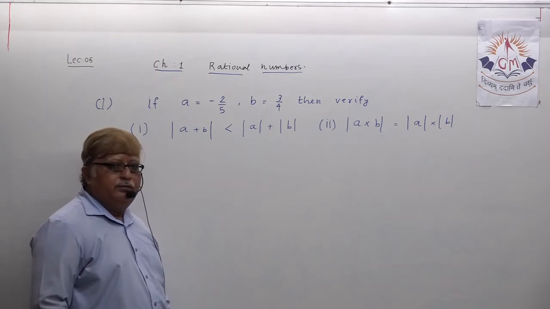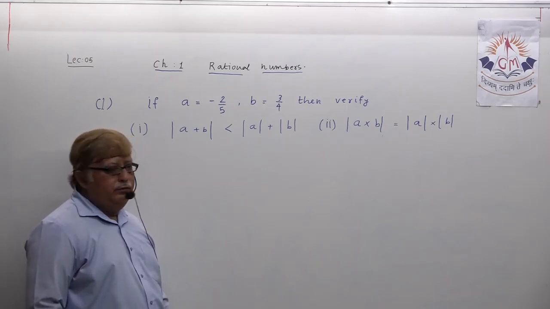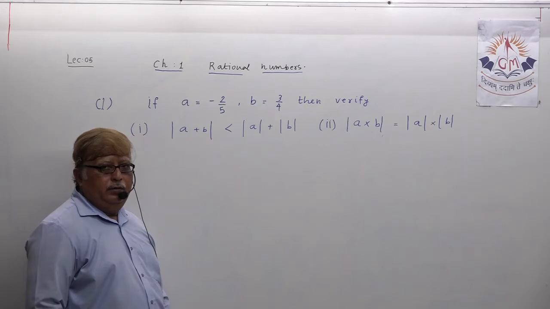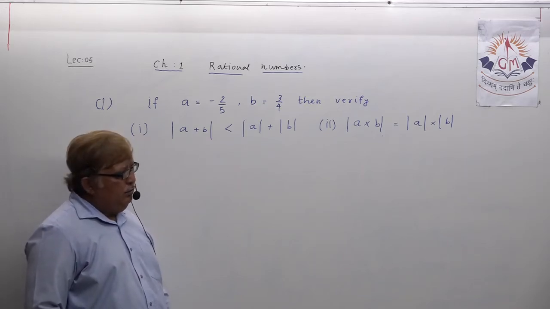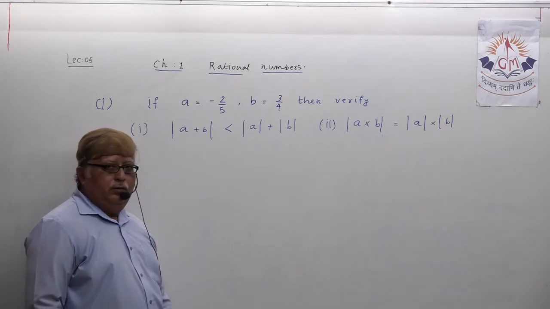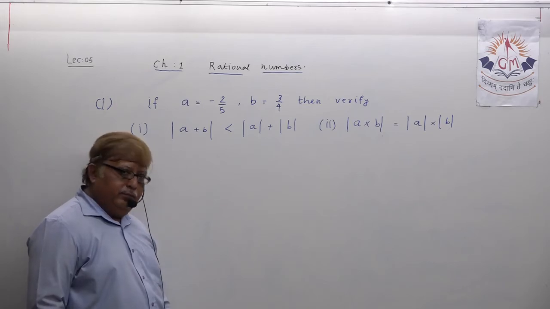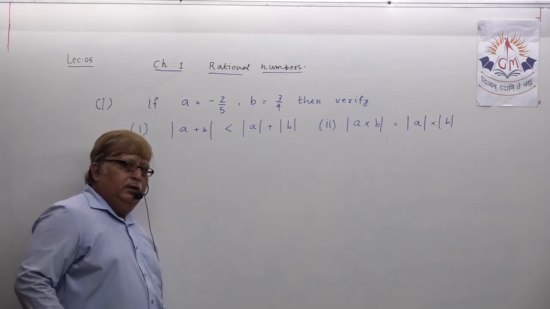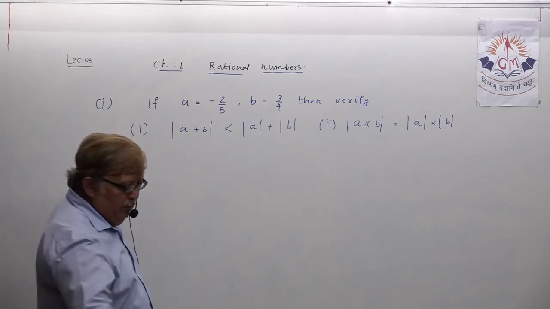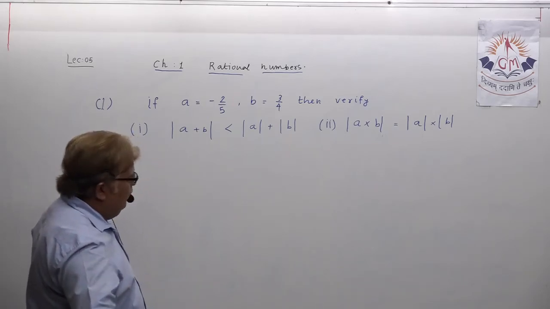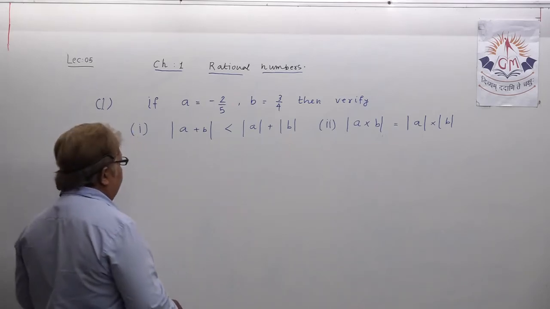Second option, modulus of a multiplied by b equals modulus a multiplied by modulus b.